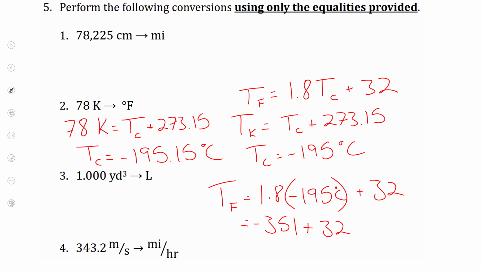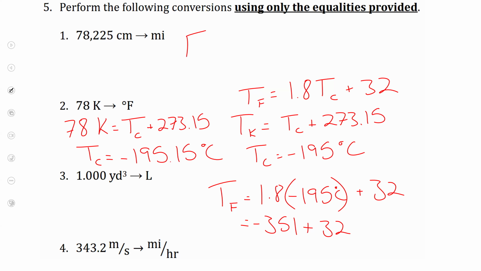So after we keep our 3 sig figs, it's still plus or minus 1, right? Our uncertainty is still in the ones place, which means when we add the 32, we're still going to keep it to the ones place.